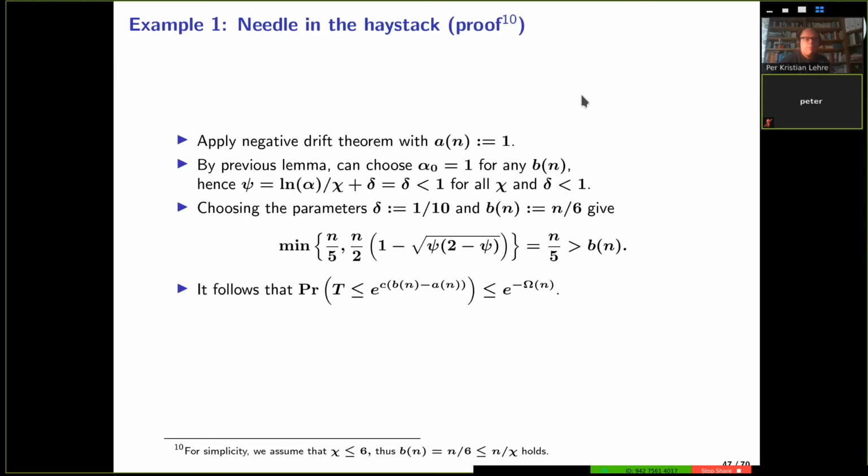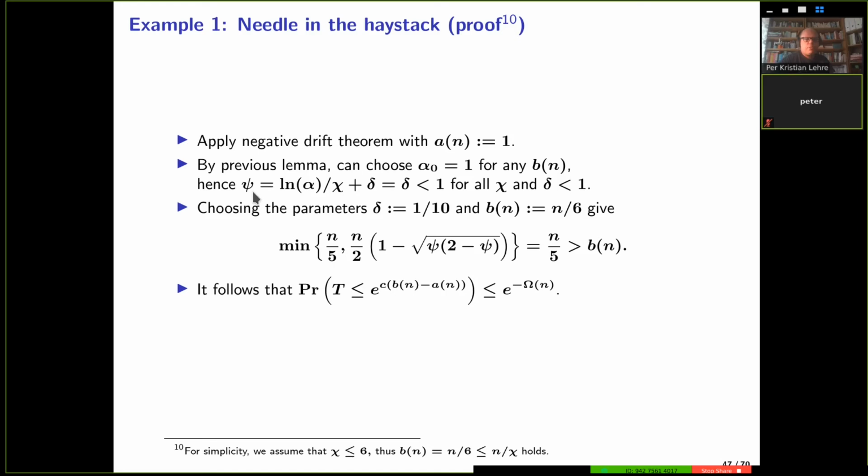Okay, so we can now apply the negative drift theorem with a equals 1. We can choose alpha naught to be 1, because any individual which is not the optimum will have reproductive rate at most 1 by the previous calculations.